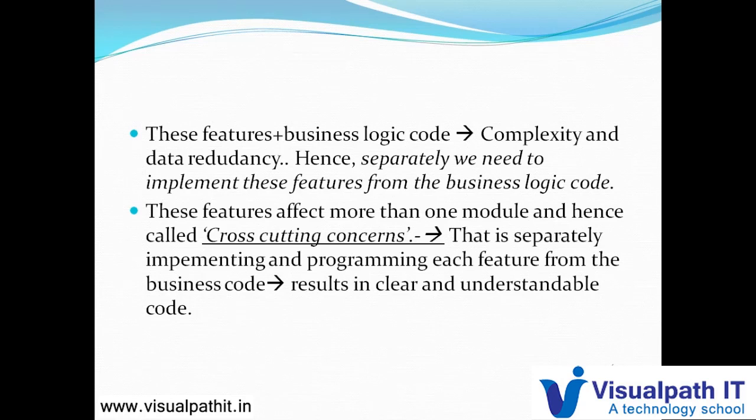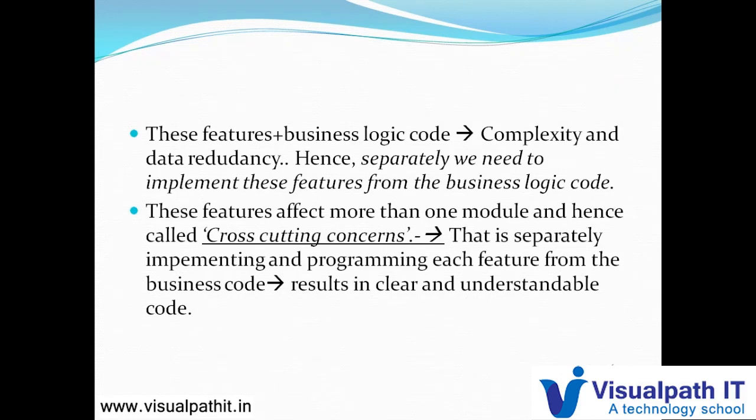So we implement and program each feature separately from the business code. This results in clear and understandable code, reduces the complexity of the code, and improves the logical modularity of the code.